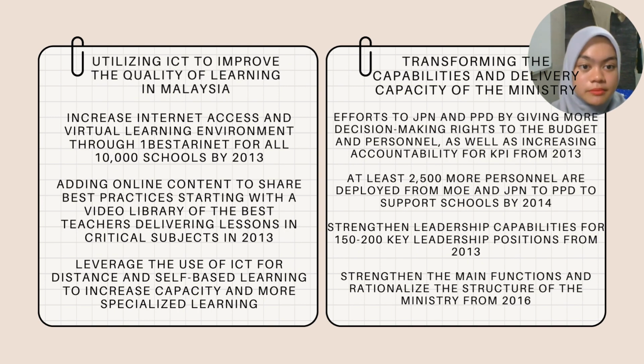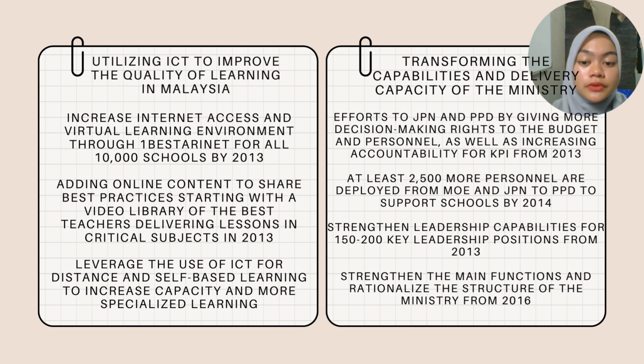Number seven is about utilizing ICT to improve the quality of learning in Malaysia. Below here is about increasing internet access and virtual learning environment through 1BestariNet for all 10,000 schools by 2013. It is adding online content to share best practices starting with a video library of the best teachers delivering lessons in critical subjects in 2013.